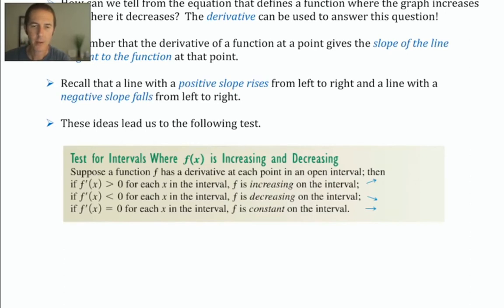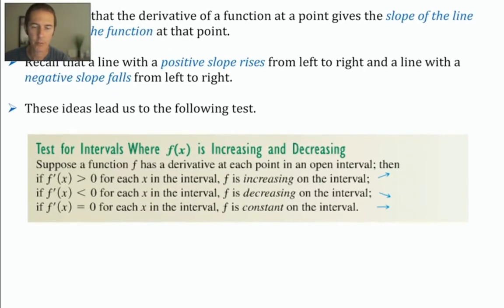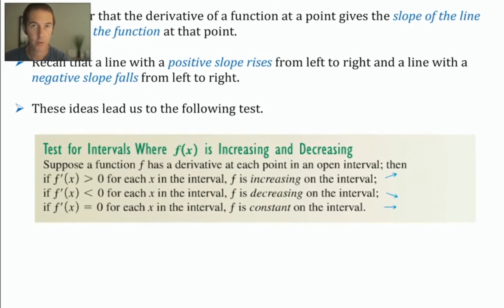In this sand-colored box, I like this a little bit better because this is a description of increasing versus decreasing by looking at the first derivative. So this box says that if your first derivative is greater than 0, in other words, the slope of your tangent line is greater than 0, then your function is increasing. If it's less than 0, then it's decreasing, and if it's equal to 0, ooh, that sounded funny.